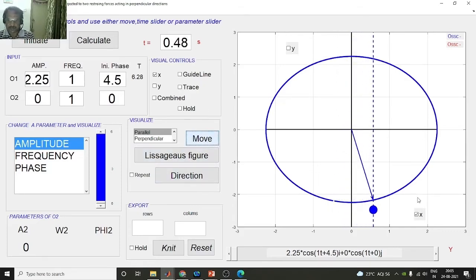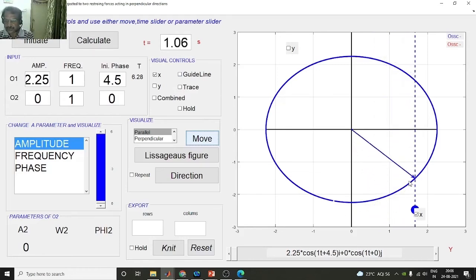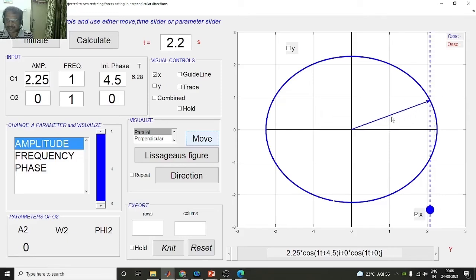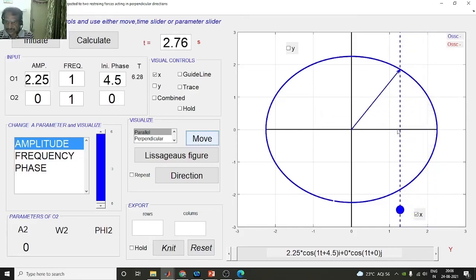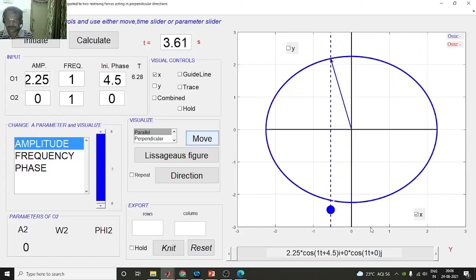Now as time progresses, the actual oscillator is moving, and we represent it by a rotating vector. The angle with respect to the x-axis represents the phase at that time, and the x component, which is this length, is the same as the displacement.